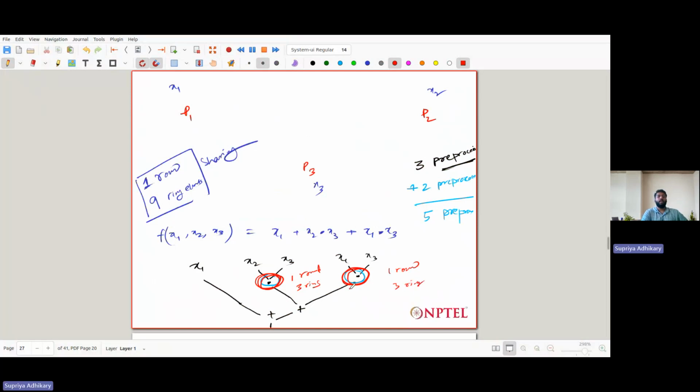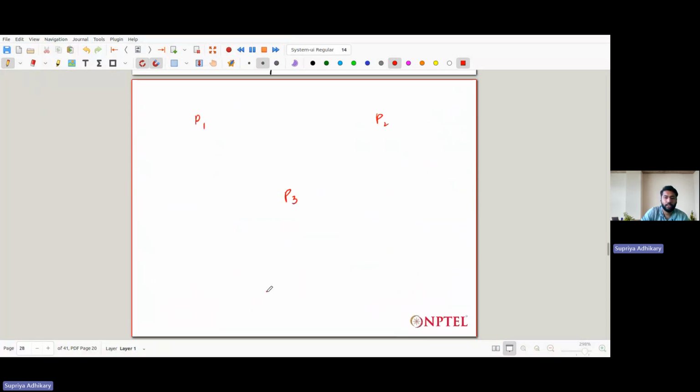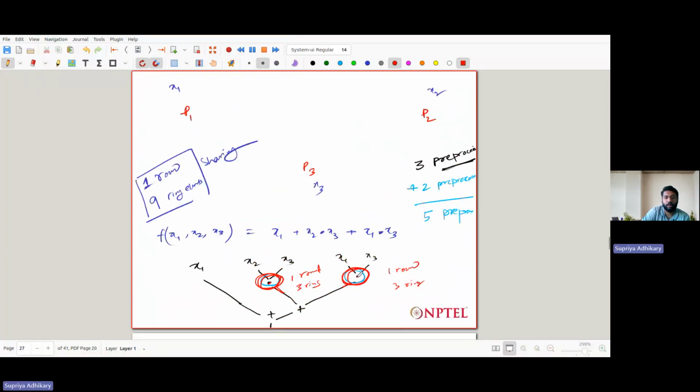Now, the multiplication result of this doesn't depend on the multiplication result of x1 and x3. So the evaluation of these 2 multiplications can be done in parallel. So in total, the evaluation phase takes 1 round of communication with 6 ring elements. Why 1 round? Because these 2 multiplications can be done in parallel.